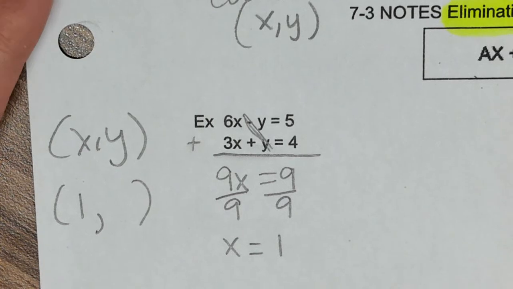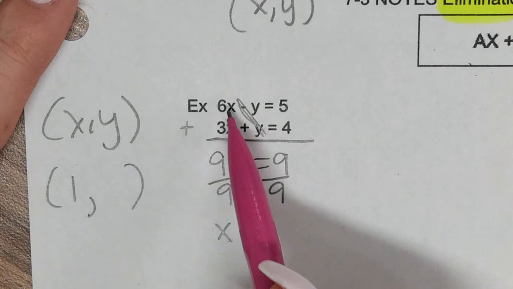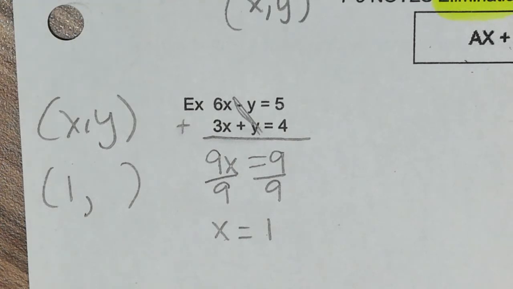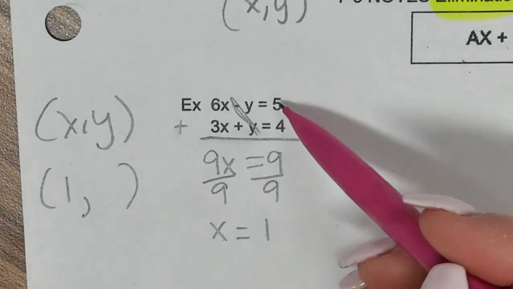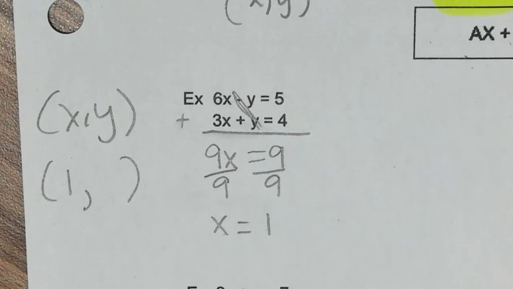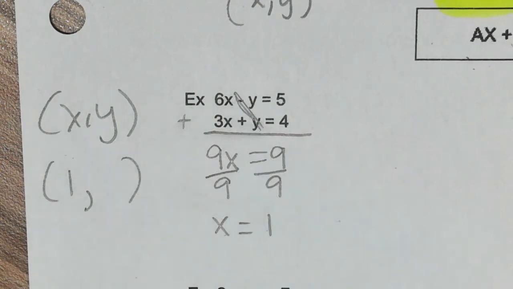To find the y value, simply plug this back in to one of the equations. It does not matter which one you use. Why will the answer be the same? Because we're looking for the answer where they will be the same for both equations. So it doesn't matter if I plug it back into this one or this one. The answers will be the same. I always go with the one where the y is positive because that's one less step I have to do.